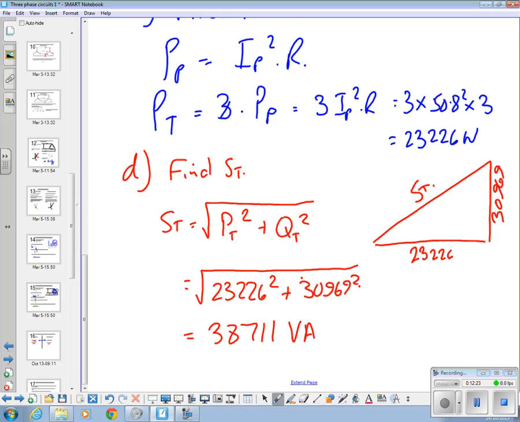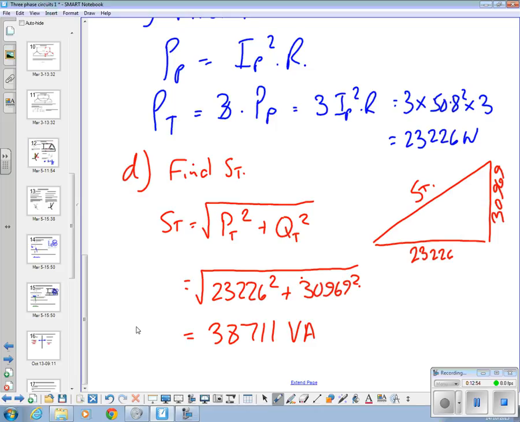What I've done in my rough notes of the problems is I've written the answer to the power for one phase and not the power for 3 phases. Everyone agree with that? Yeah?